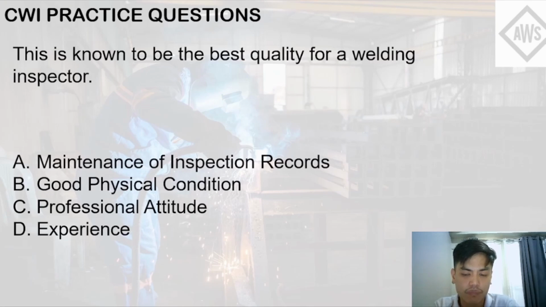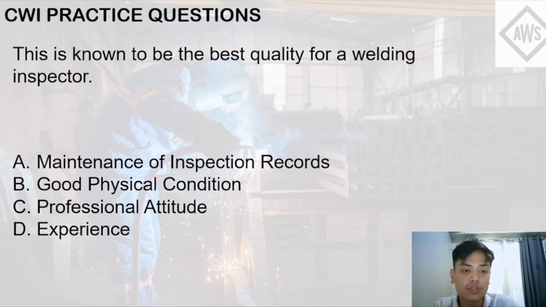Some owners of the plant, for example, need the inspection records for reference in the future. So if a similar defect occurs in the plant, they may refer to that inspection record. So it is important for the welding inspector to maintain those inspection records in good condition, so they can be a good reference for similar conditions that will happen.